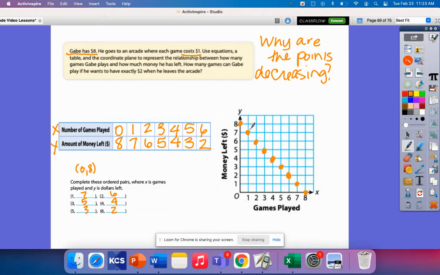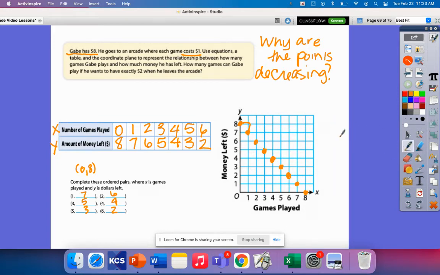Every time he plays a game, he loses $1, so it goes down. This represents the money being lost. Each of these represents taking $1 away, taking another $1, another $1, and another $1. Each time it represents $1 being lost.